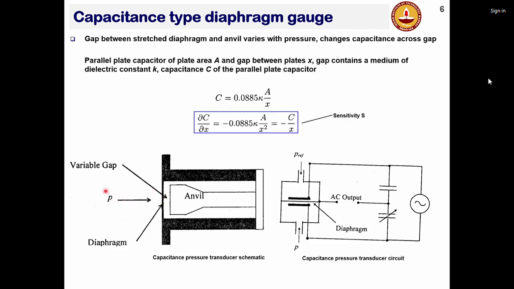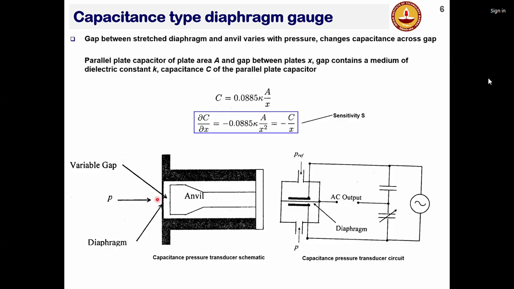Now, when the source pressure increases, this diaphragm will deform and the gap will reduce. Now, how do we measure the reduction in the gap? So you use the parallel plate capacitor principle.